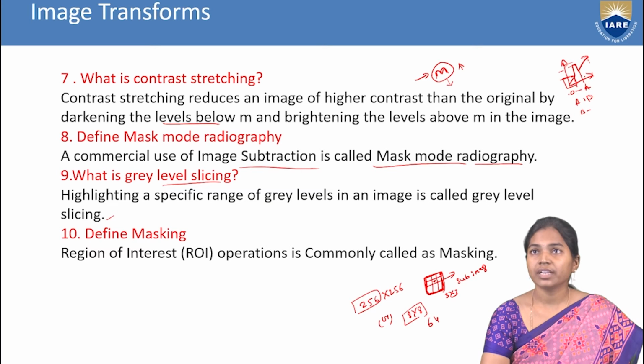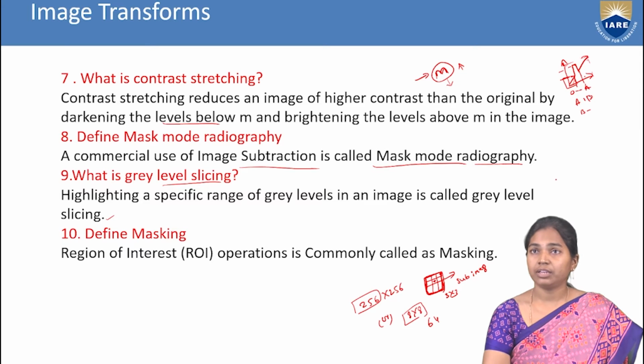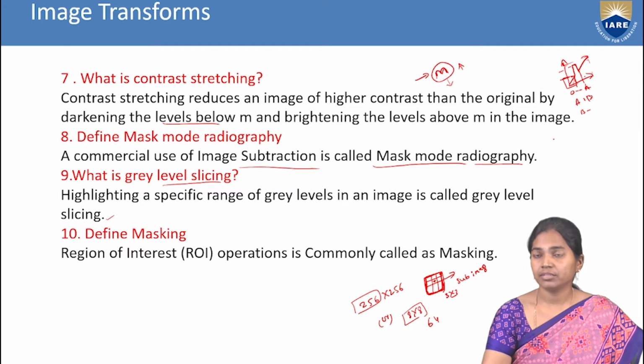With gray level slicing, first the level is very low, next the criterion is A to B, and last it reaches the maximum gray level value. The gray levels are represented from 0 to L minus 1. L equals 2 power K, where K is the number of bits.